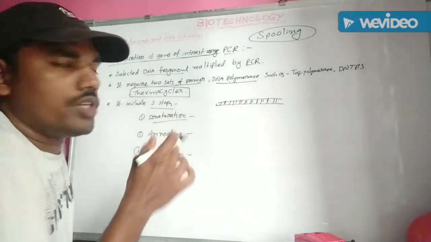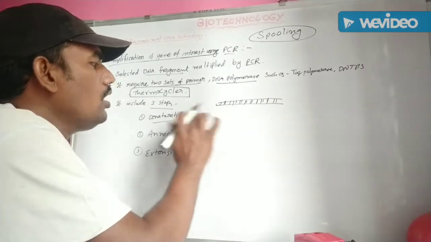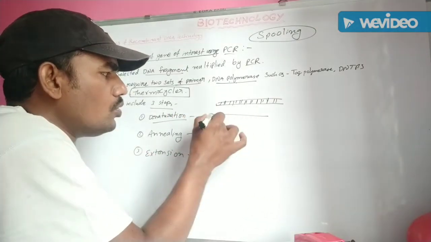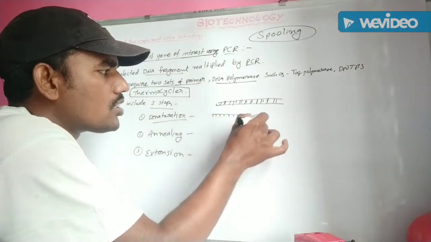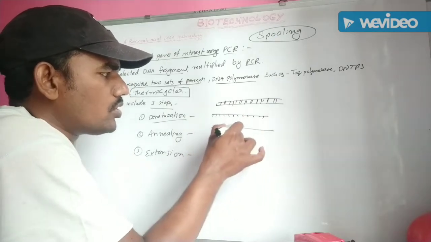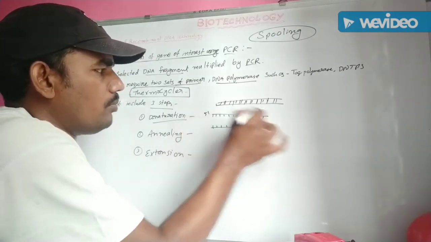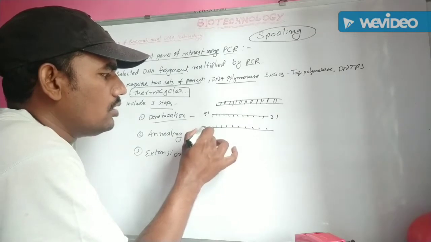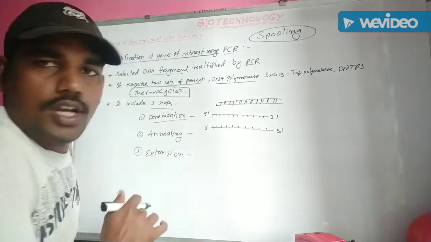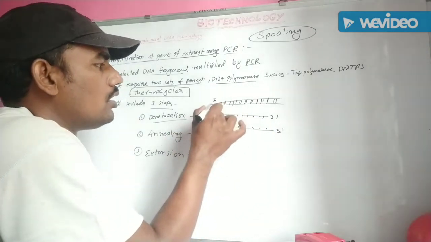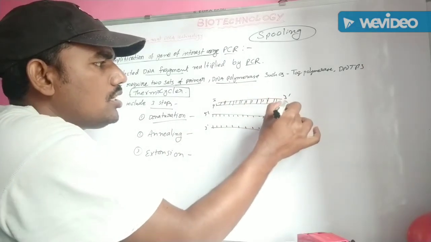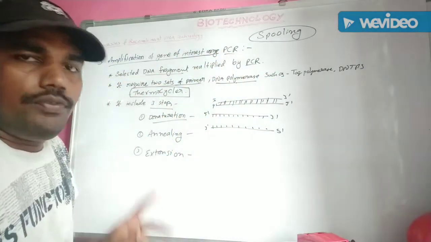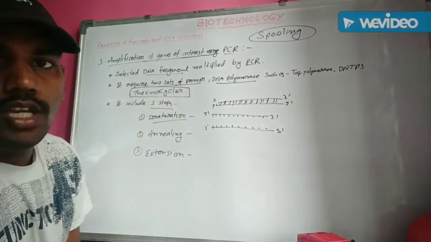In the denaturation process, both strands are separated. This one is the 5' to 3' direction, and this one is the 3' to 5' directional strand. So the two strands are separated after denaturation of the DNA fragment.